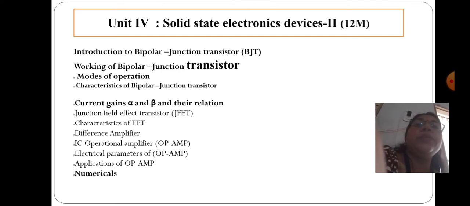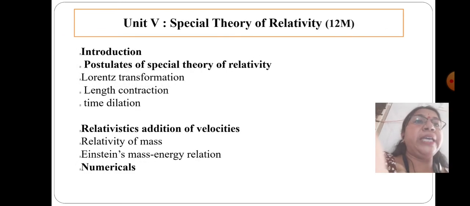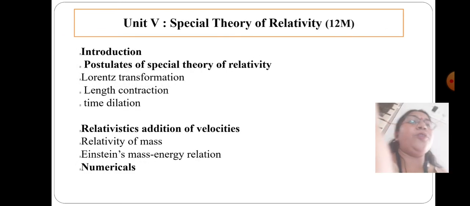It includes introduction to the bipolar junction transistor, that is BJT, working of the BJT, modes of operation, characteristics of the BJT, current gain alpha and beta and their relations, junction field effect transistor, that is JFET, characteristics of FET, difference amplifier, IC operational amplifier, that is op amp, electrical parameters of op amp, applications of op amp, and numericals.